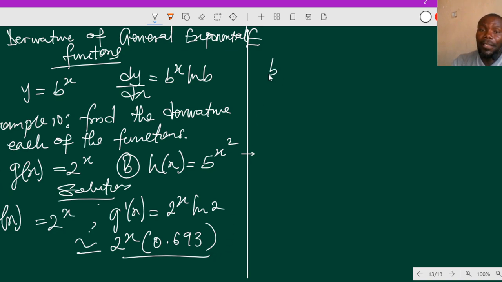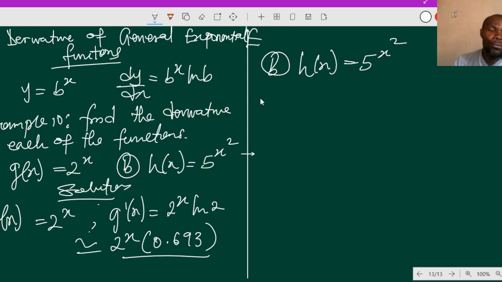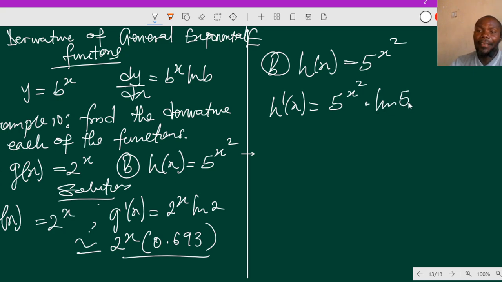In solving part b, h of x is equal to 5 raised to power x squared. So what you are going to do is, you say h prime of x is, you firstly write it again, times ln 5, times the derivative of x squared with respect to x, because we have a function inside a function.